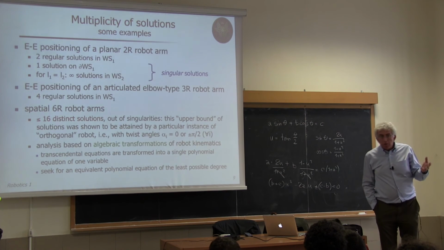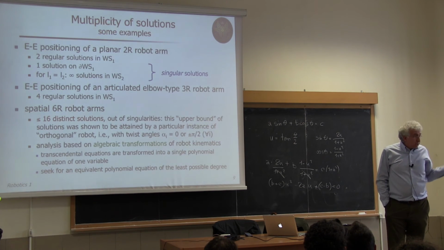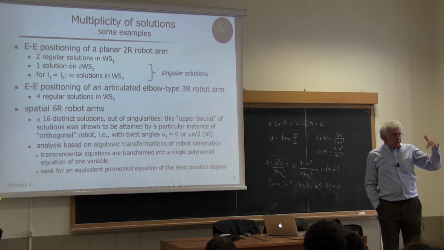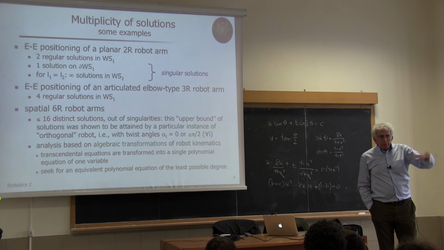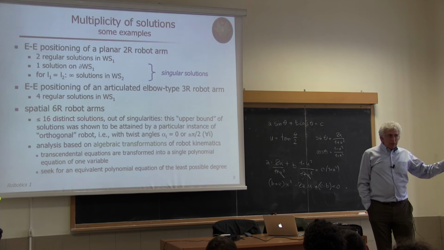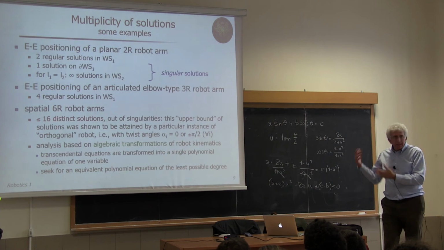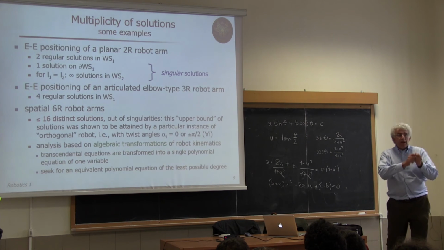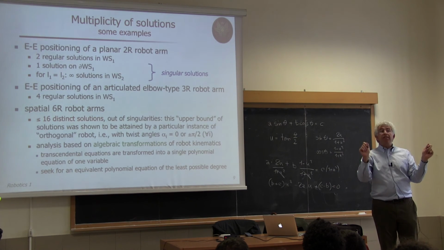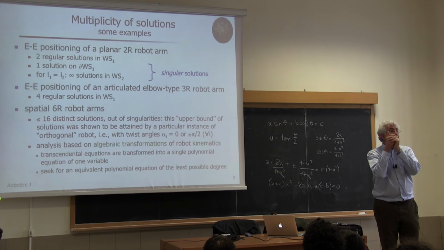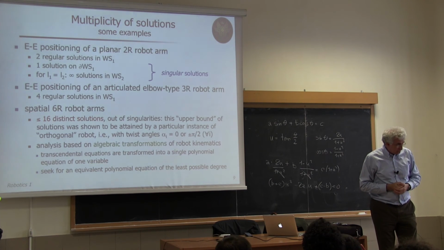So he could conclude that, in general, there are no more than 128 solutions to the inverse kinematic problem. Some smarter guys made a different transformation and brought the degree back to 64, and some others to 32. And finally, somebody said, no, with this transformation I'm able to represent any 6R robot, the problem of solving the inverse kinematics, as a single equation of degree 16.